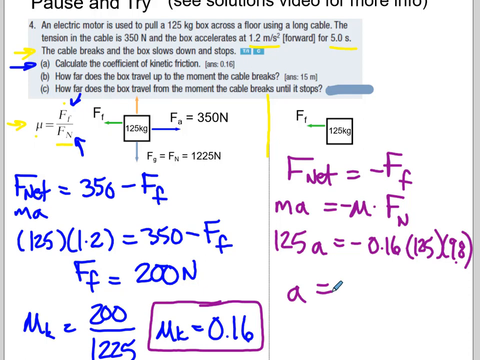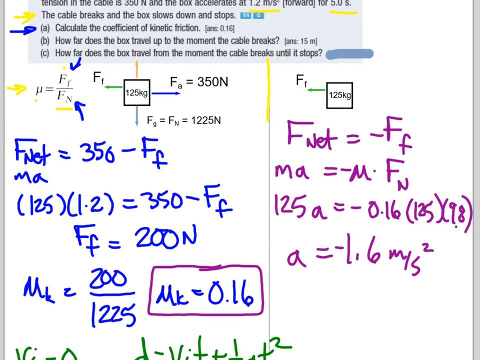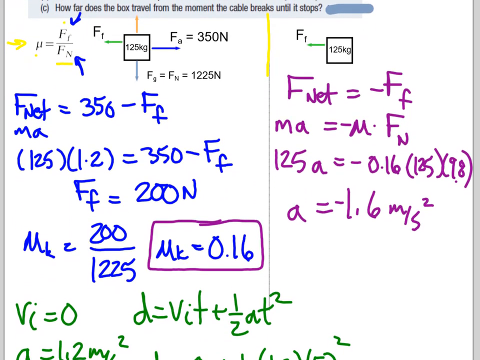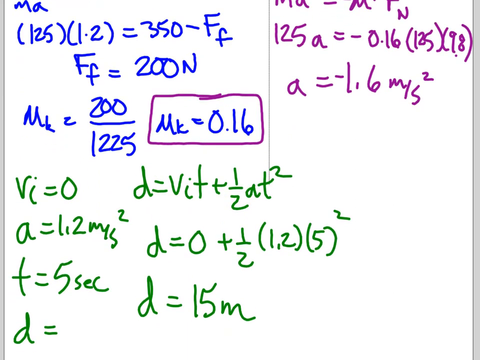So if we take our 0.16 times 125 times 9.8, divide by 125, those would have canceled. I end up with let's say 1.6 meters per second squared, and that's negative. Now I'm going to combine some of the parts I found in B. So now I have an acceleration.